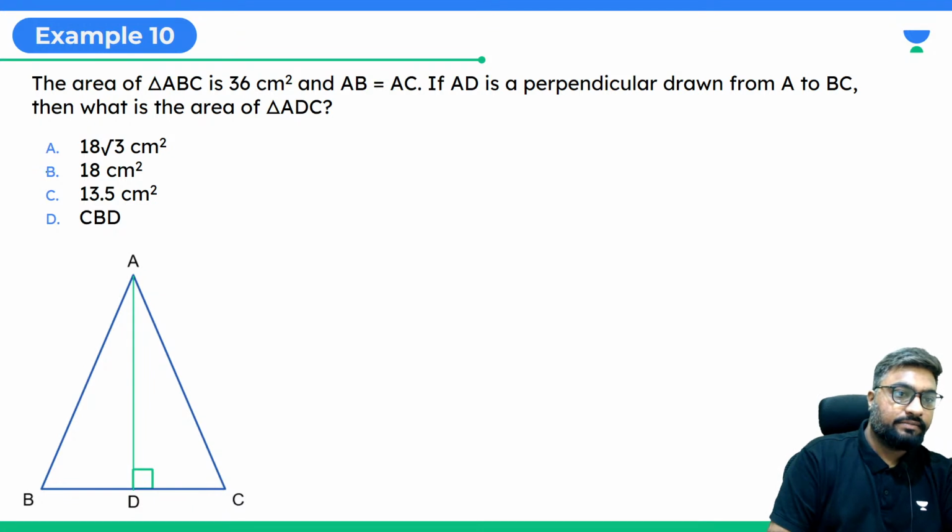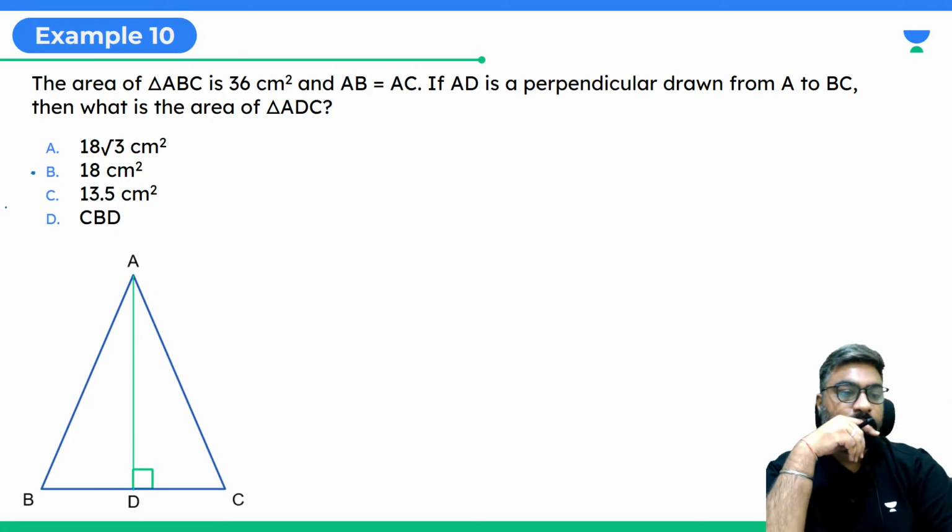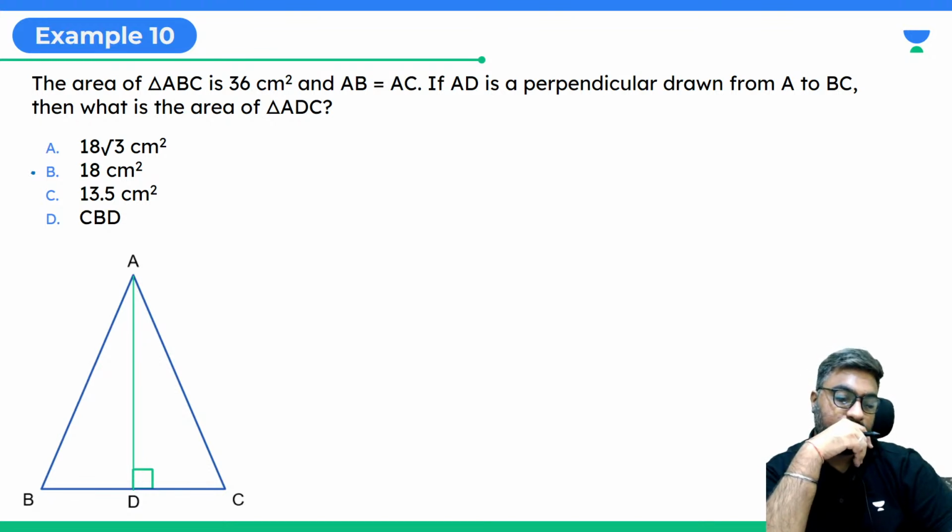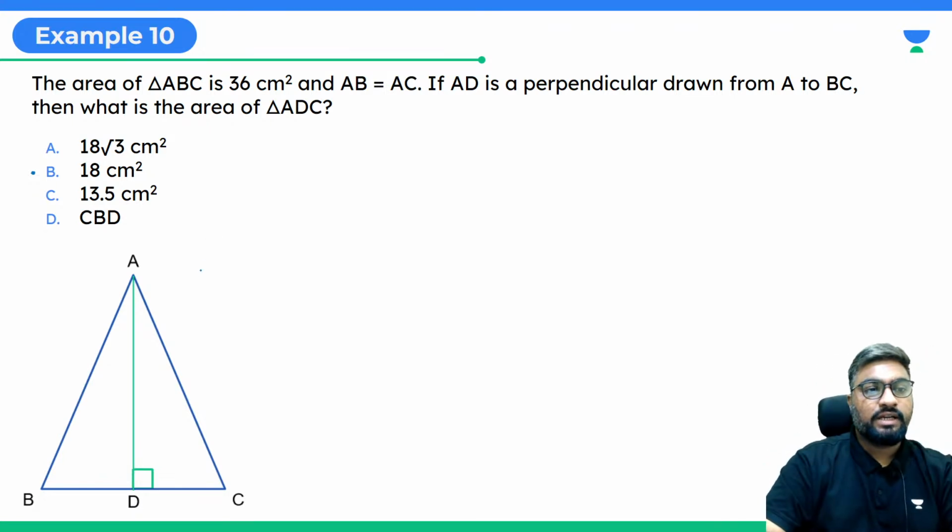Vardhanam says 18. Anyone else? So this is a property of an isosceles triangle.